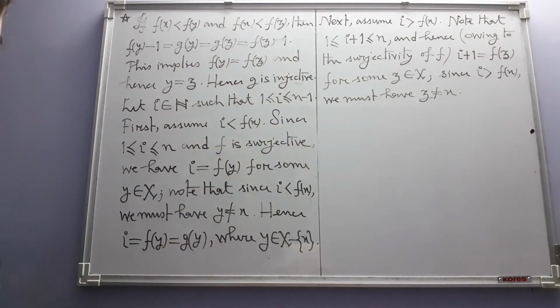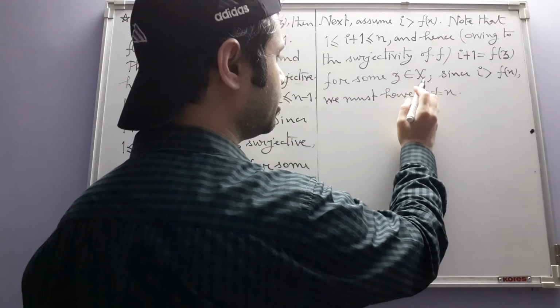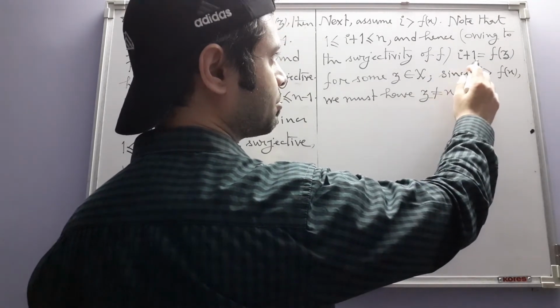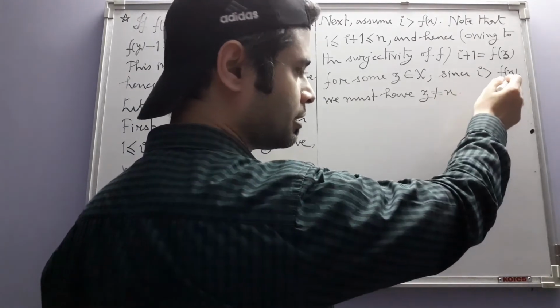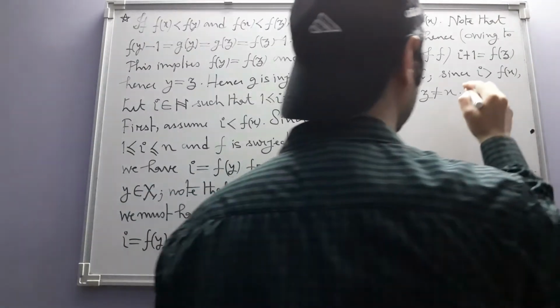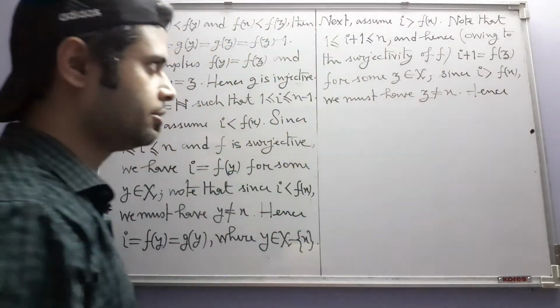Let's just quickly see what happens if we take z equal to x. You take z equal to x, then you have fx here. Fx is I plus 1, which is greater than I, which in turn is greater than fx. So that gives you a contradiction. Hence, okay, now look at the situation.